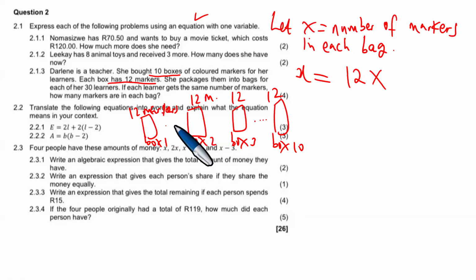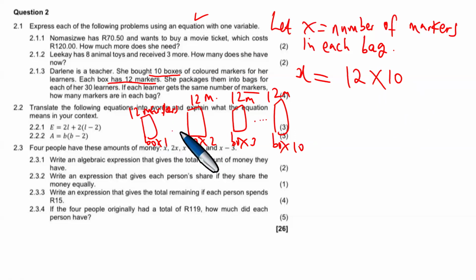The question we're asking is, how many markers are there? If each learner gets the same number of markers, we need to know how many markers there are in total. Box 1 has 12, box 2 has 12, up to box 10, which is also 12. So you take the number of markers per box times the number of boxes, which is 12 by 10.